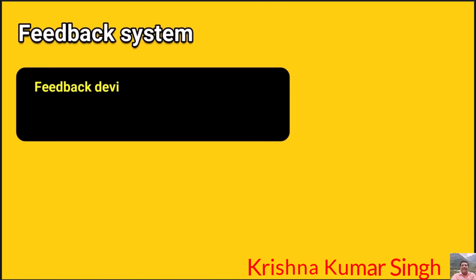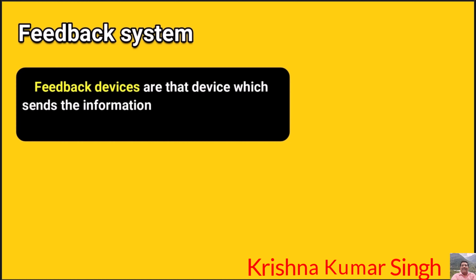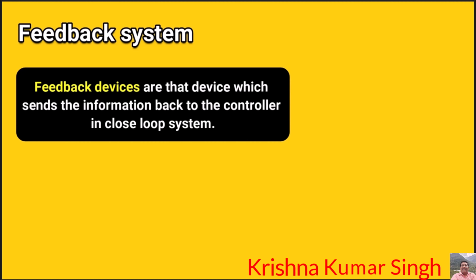Feedback devices are those devices which send the information back to the controller in closed loop system. This kind of feedback devices we are going to discuss later on in this course when we discuss closed loop system. And last but not the least, we have display unit.